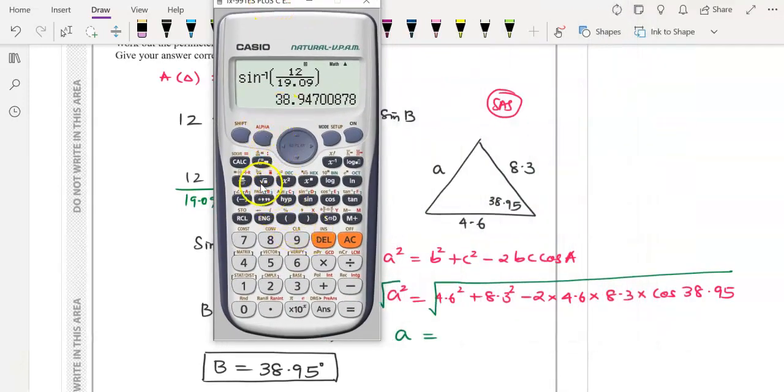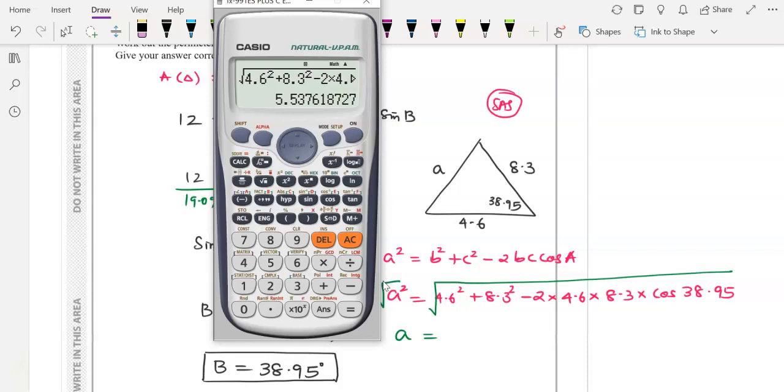So square root of 4.6 square plus 8.3 square minus 2 times 4.6 times 8.3 times cosine 38.95, close the bracket.